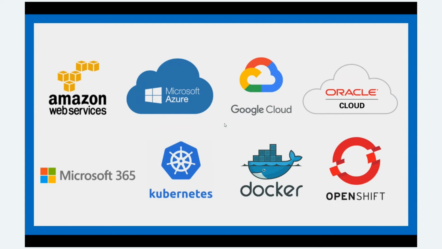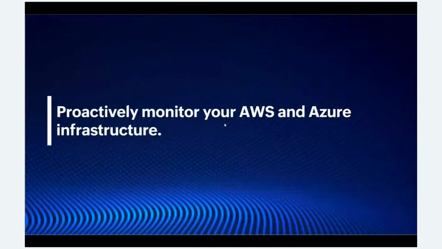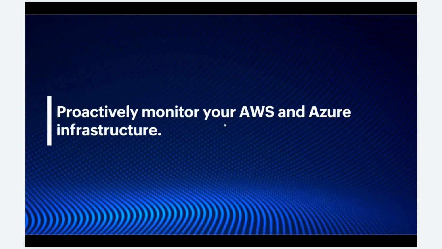For an organization with thousands of applications, it can in fact take years to fully modernize your entire application portfolio. So the DevOps teams and architects must use a lens of practicality to review all the factors before selecting your application modernization strategy. So now let's start with proactively monitoring your AWS and Azure infrastructure.